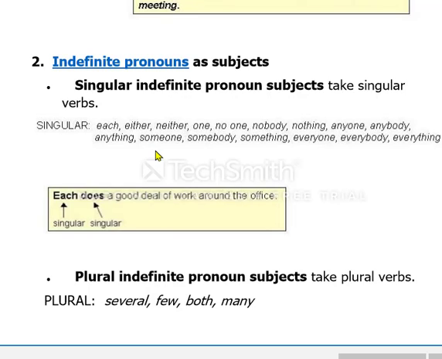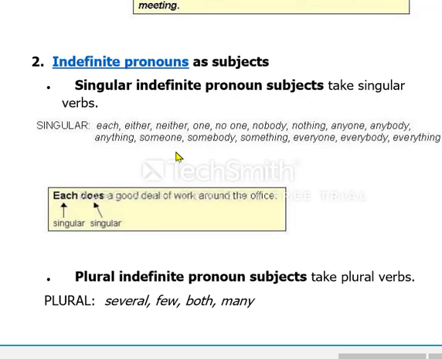But if you say, please bring a glass of water, one of the class students will stand up and go to bring a glass of water, because you did not mention any student. So among everyone, someone will go and bring a glass of water. This is why these are called the indefinite pronouns.